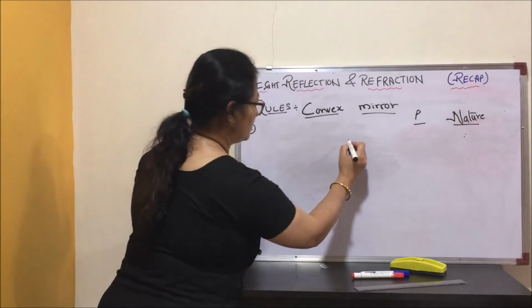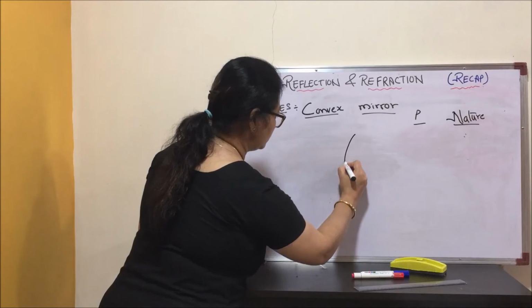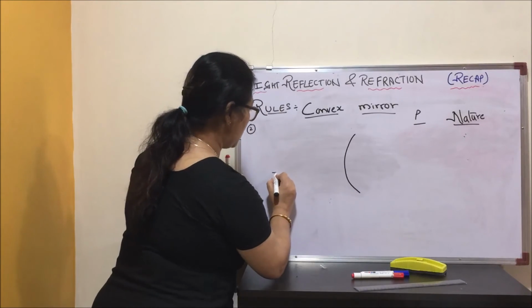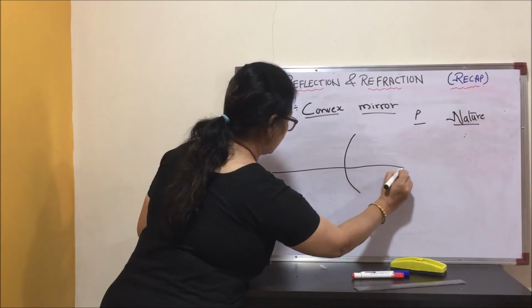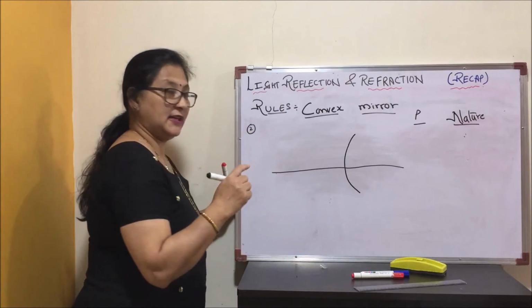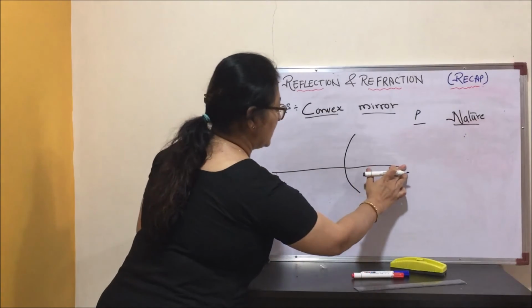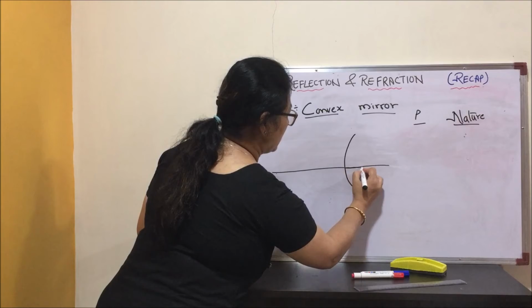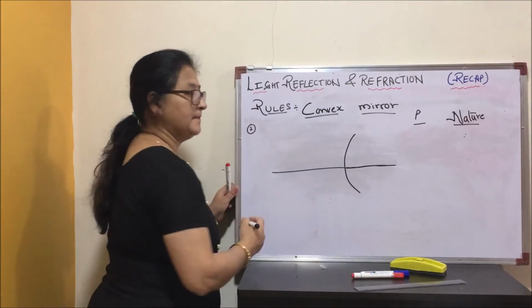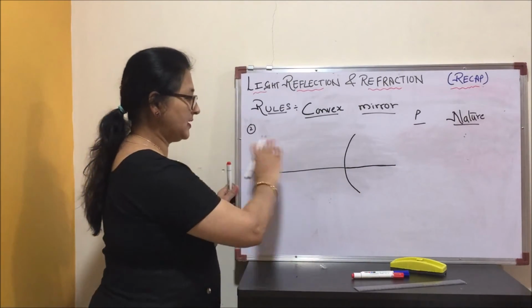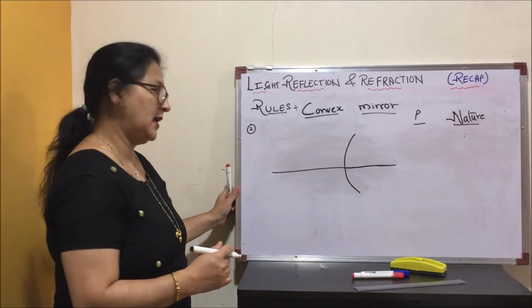Okay, now this is the bulge part, this is the principal axis, right? Initially in the first one we placed the object at infinity. Now you have to place the object anywhere on the principal axis.